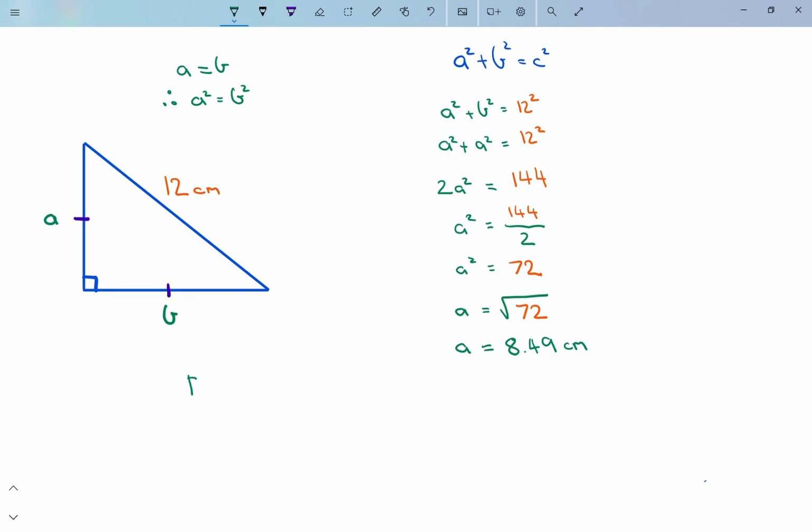Okay, and with these questions, we're going to write our final statement, just so that we make sure that we get all the points in any kind of exams. So because a equals b, a equals 8.49, therefore b equals 8.49 centimeters.